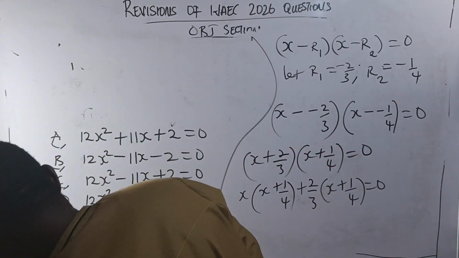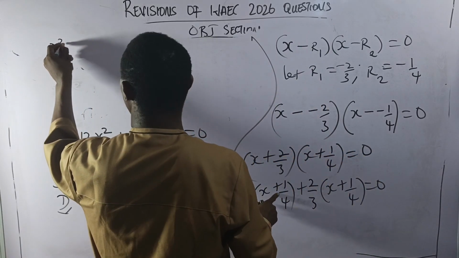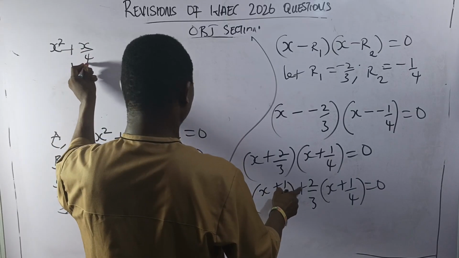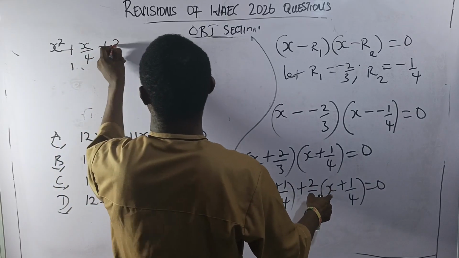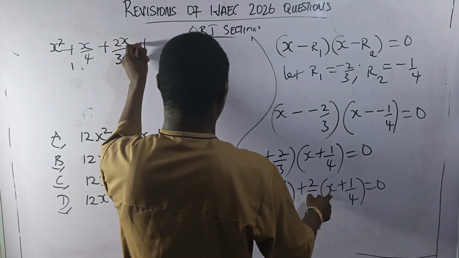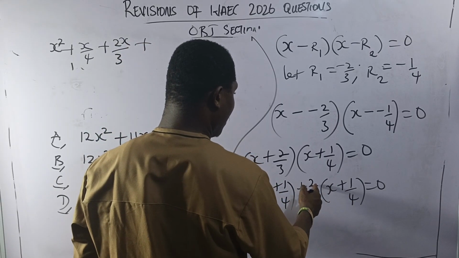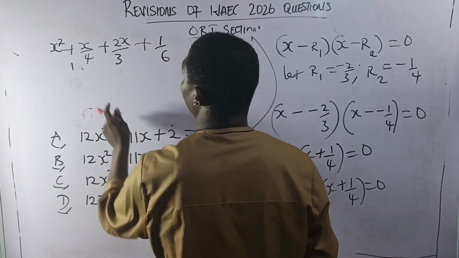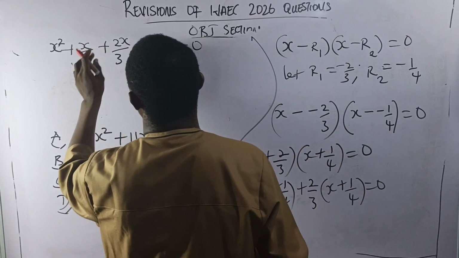So I'll have x squared plus x times 1 over 4 will give me x over 4, plus 2 over 3 times x will give me 2x over 3, plus 2 over 3 times 1 over 4 will give me 1 over 6. So I have 1 over 6 equal to 0.